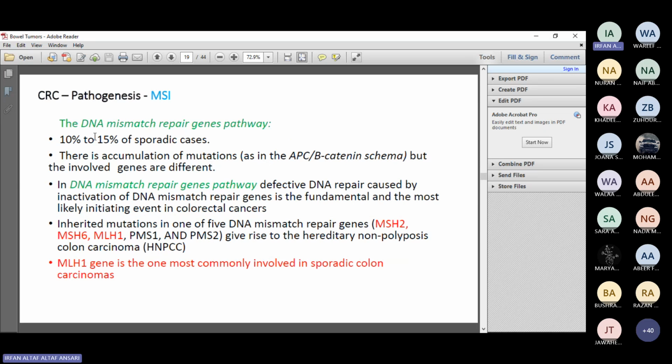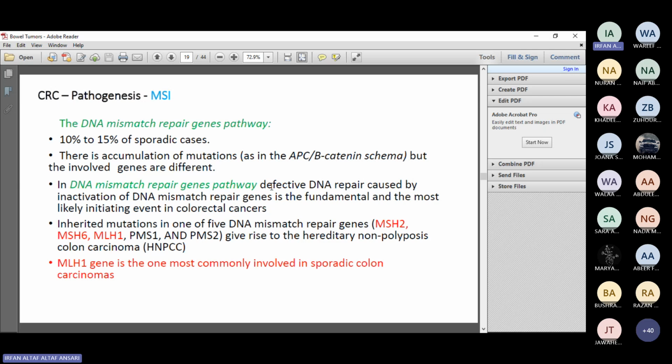So 80 to 85 to 90% of sporadic cancers are due to involvement of the APC gene. 10 to 15% of sporadic cases are due to involvement of the DNA mismatch repair genes. With these DNA mismatch repair genes, there is defective DNA repair, so the DNA is not repaired properly.